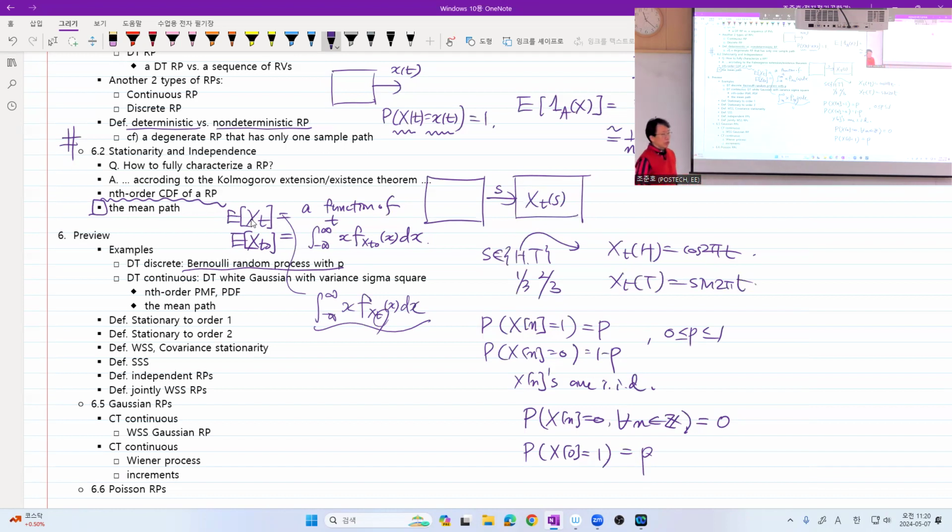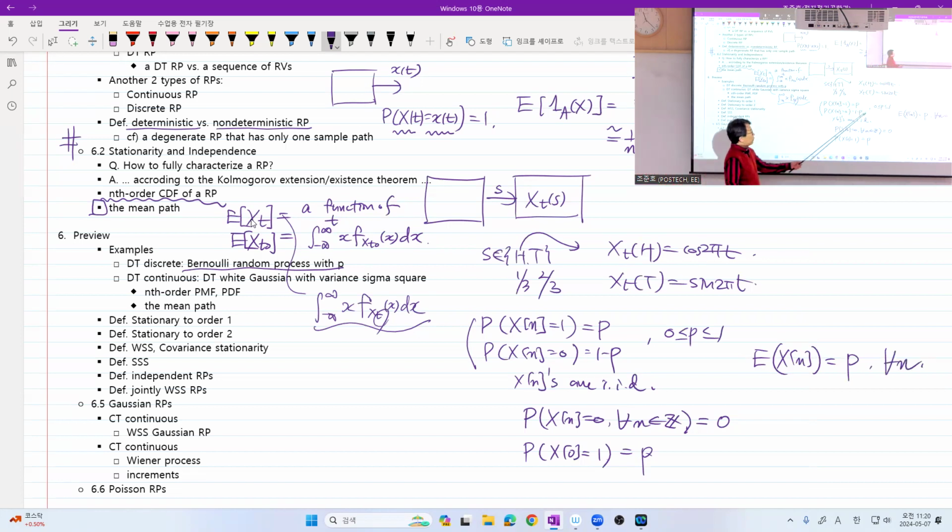And interestingly, the mean path is not necessarily a sample path, as I told you. Let's take a look at this example. What is the sample path given the Bernoulli random process, which is a discrete time, discrete valued random process, with parameter p, and you have p for all n.